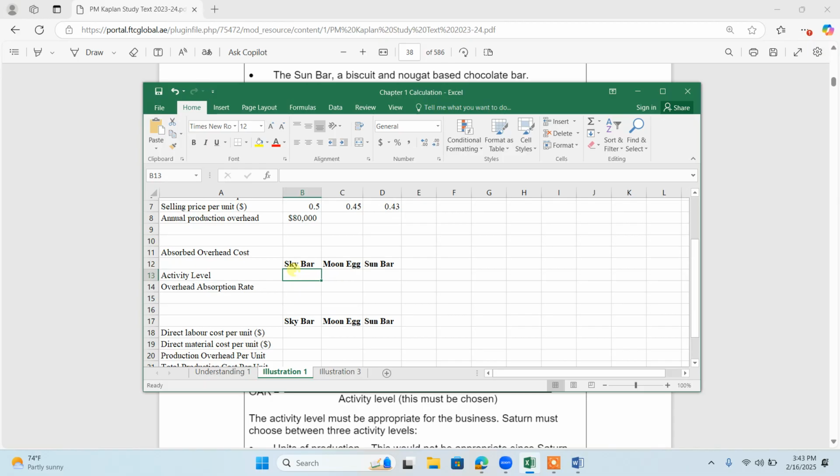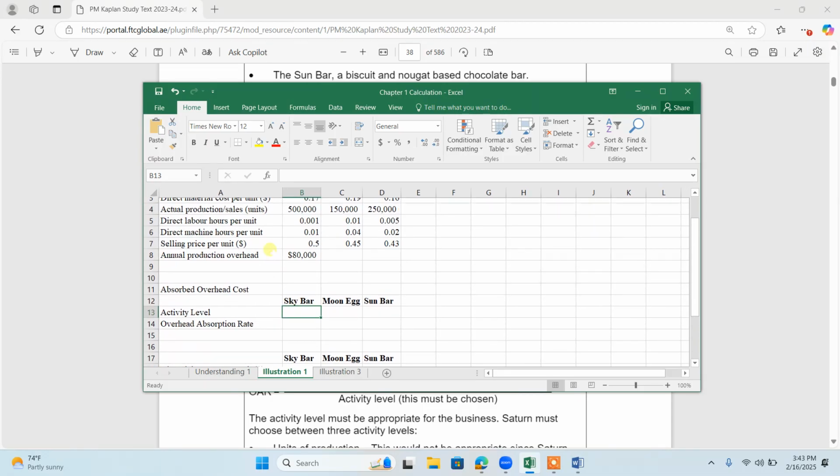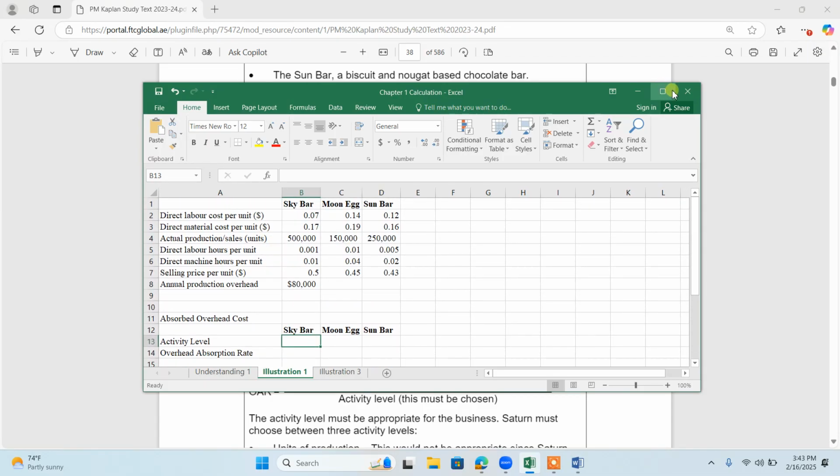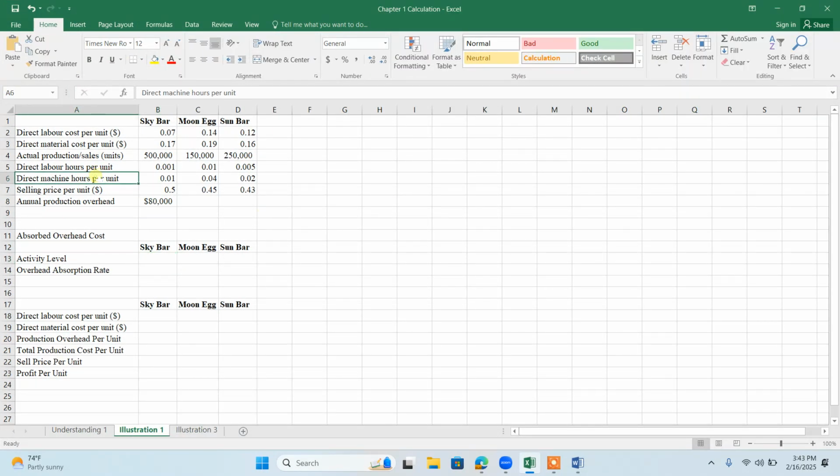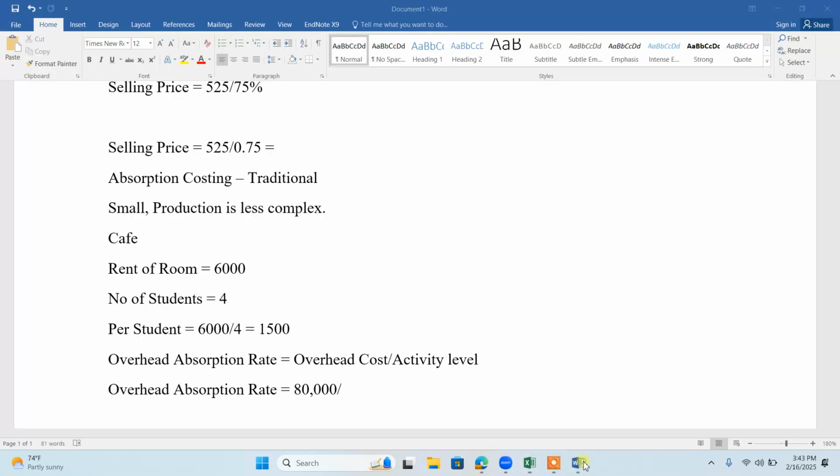Now come to the activity level. So we are considering machine hours as the activity level. So I need to calculate the number of hours, but based on what?